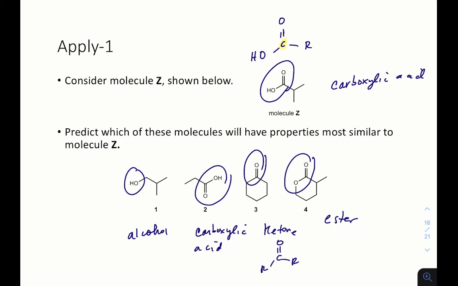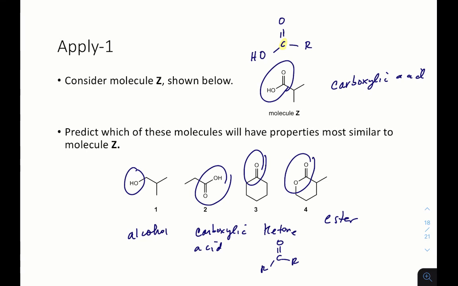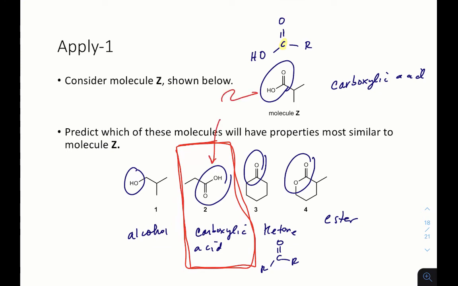So certainly the ketone and the ester will have some things in common, and so will the alcohol, frankly, with molecule Z. But what has the most in common with it? The carboxylic acid. These carboxylic acids will have similar chemical and physical properties because they are determined to a great extent by the functional group. Same functional group, similar chemical and physical properties.